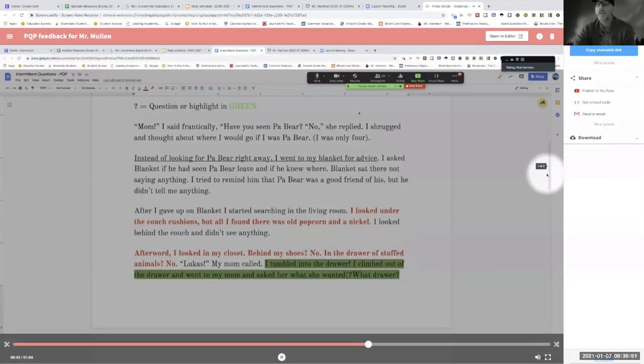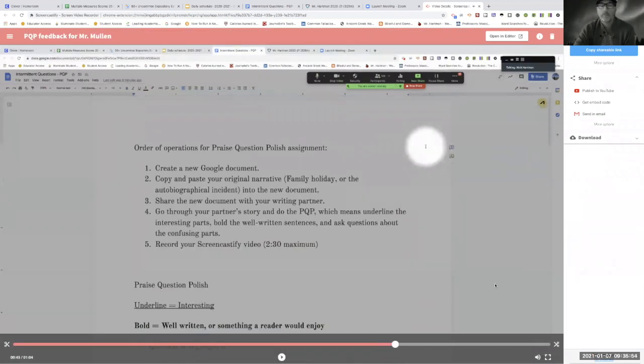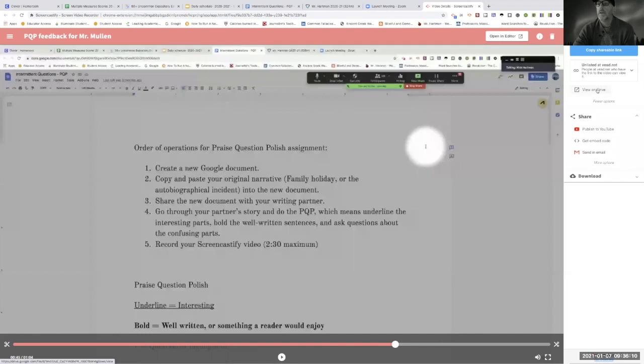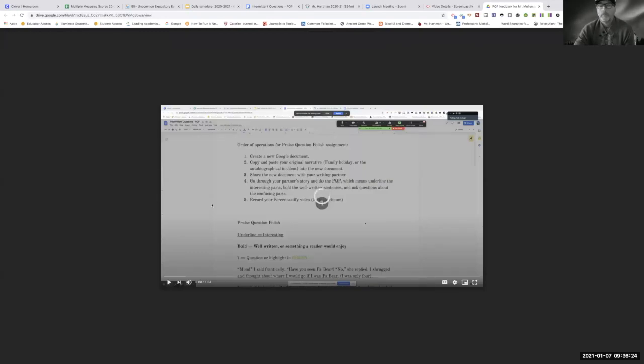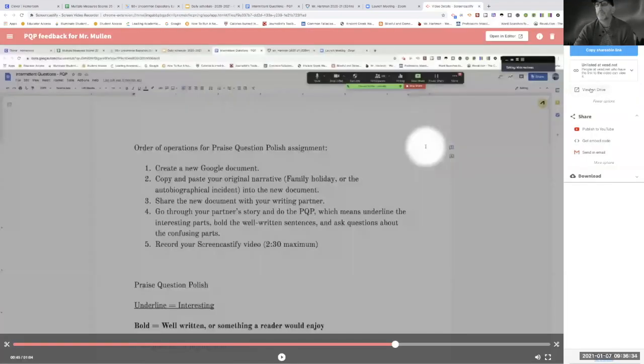Then click over here to go to more options, and then go to unlisted, click view on drive. So you can do that. Copy shareable link.